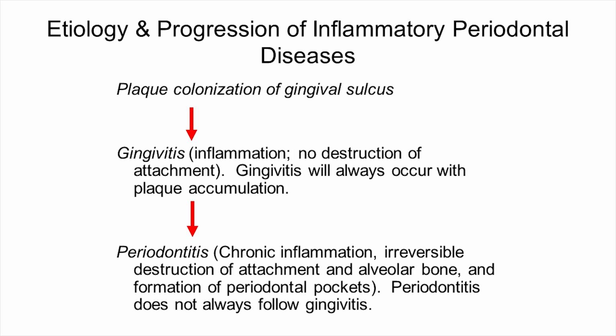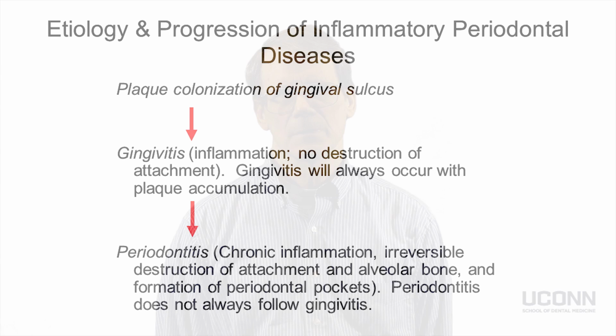The point about all this is that you will never see periodontitis occurring without pre-existing gingivitis. Gingivitis always precedes the expression of periodontitis, and not all sites with gingivitis will ultimately develop periodontitis, only a small percentage. But it's enough that it keeps us busy in terms of our field. So periodontitis is really the most significant problem that we deal with in terms of destructive forms of periodontal disease.